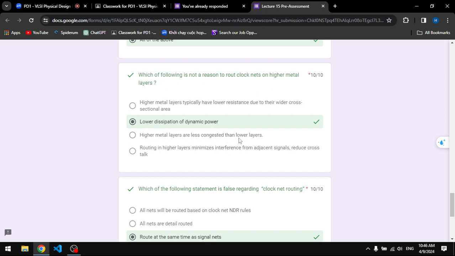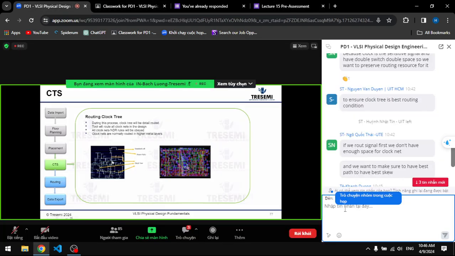Power, actually, is going to be the opposite. You're going to increase some power, because remember, on a higher layer it's going to be wider metal, with less resistance, and the capacitance is going to be higher on the higher layers. So we actually sacrifice a little bit of power with wider metal to have a better clock tree and better overall clock skew.